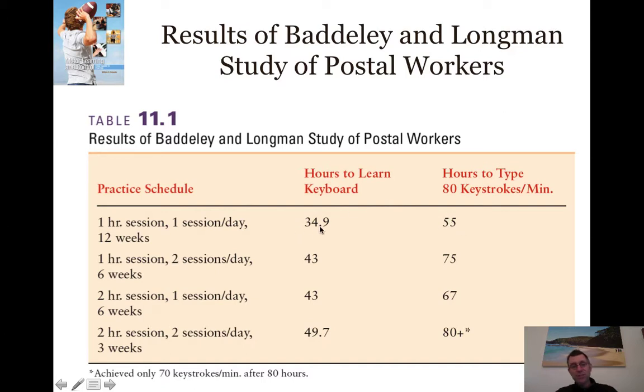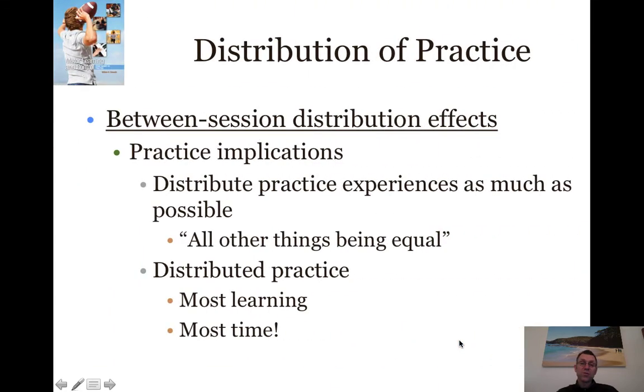Hours to learn the keyboard was about 35, hours to type 80 strokes, 55. The group that did the 2-hour sessions, 2 sessions a day, never even made it to 80 keystrokes per minute. So at least that supports the argument that distributed practice was more effective than massed practice.